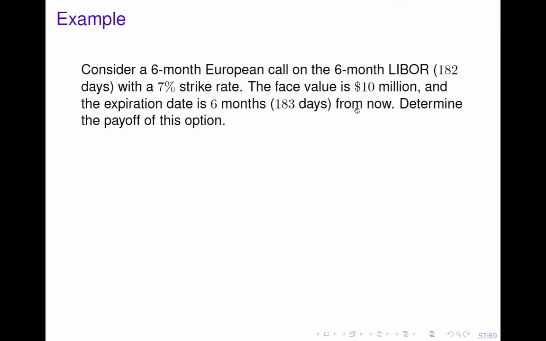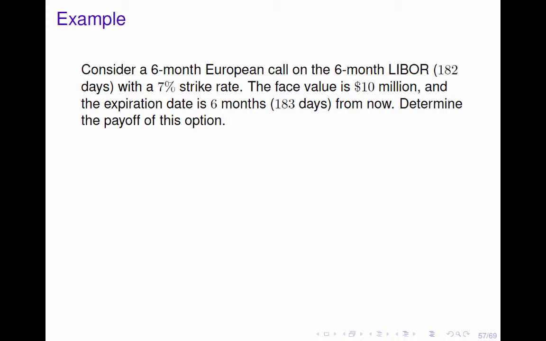For example, consider a 6-month European call on a 6-month LIBOR, equivalently 182 days, with a 7% strike rate. The face value is $10 million, and the expiration date is 6 months from now, equivalently 183 days.